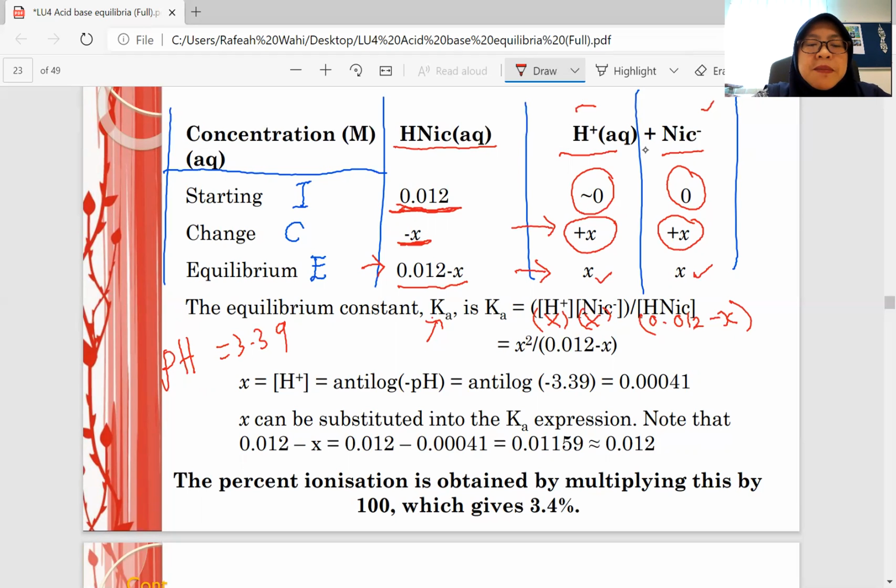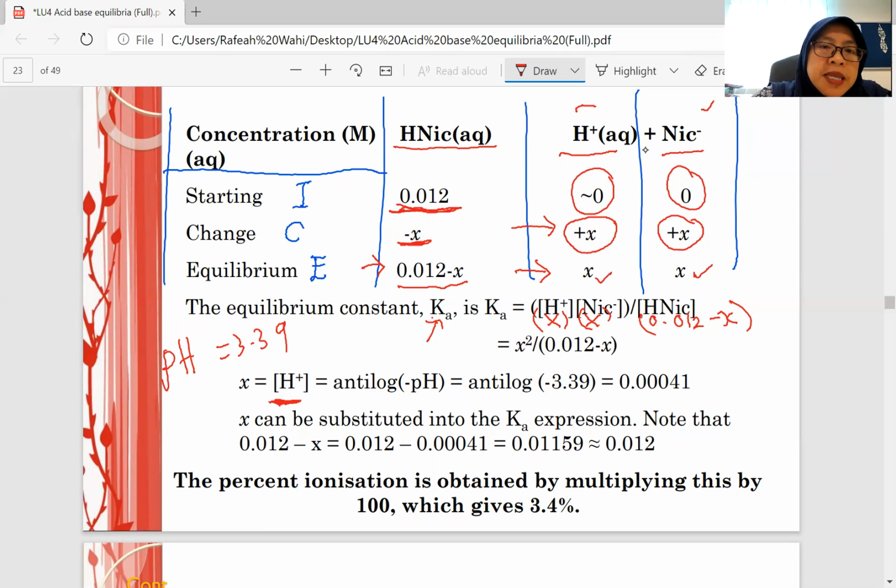We know that pH is equal to negative log H plus ion. But in this case, we have a slightly different situation whereby we have the information for pH, but we don't have the information for H plus. We want to determine the concentration of H plus ion.